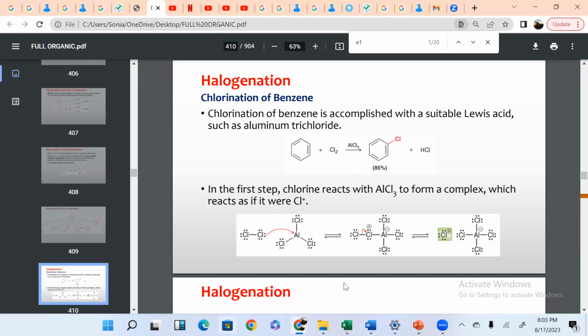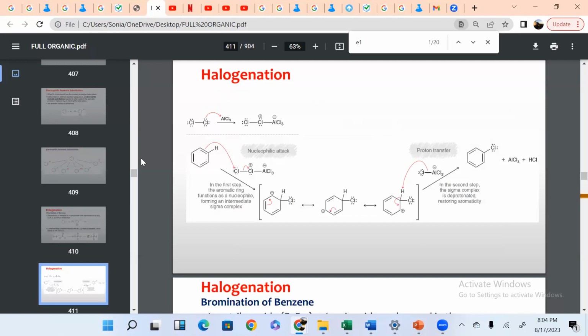What you can see here is chlorine, Cl2, reacting with this aluminum chloride to form this complex, which reacts as if it were Cl positive, not the chloride we usually know. We can just take a look at this reaction because it's similar for bromine. Once we look at this one, we won't look in-depth into the other ones.